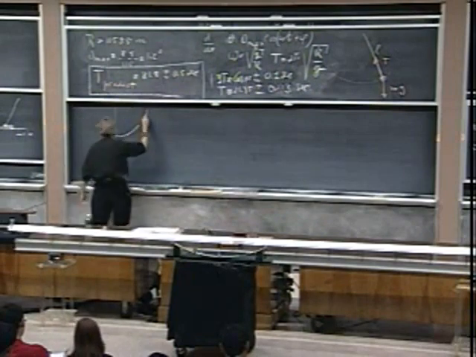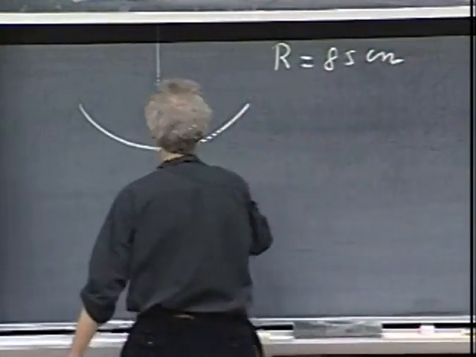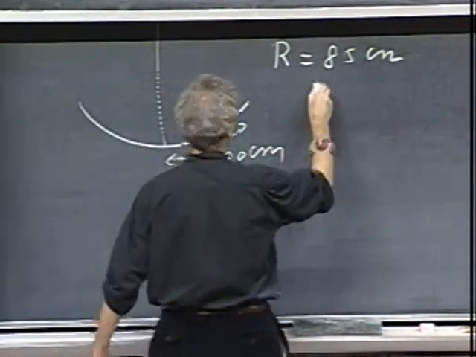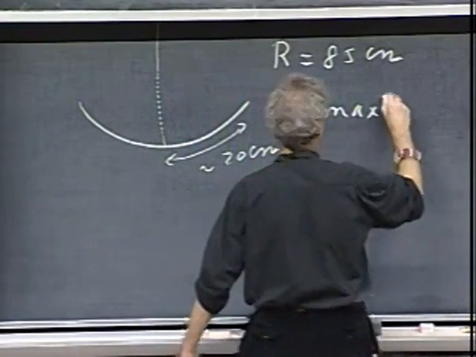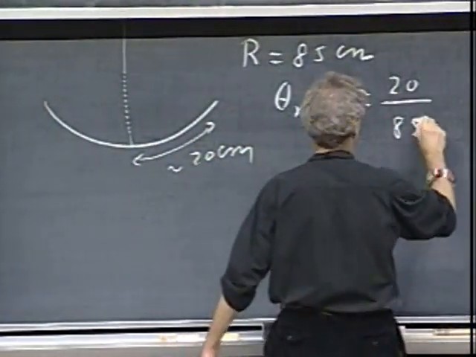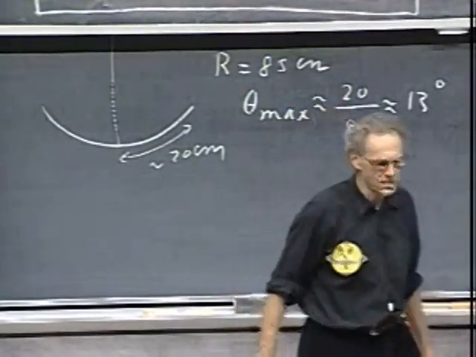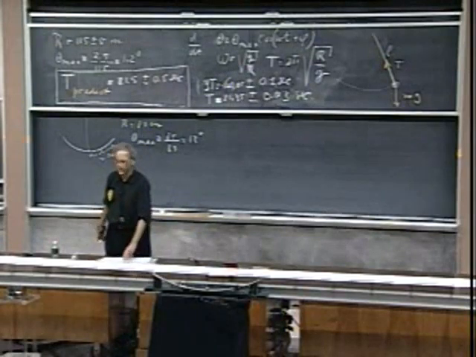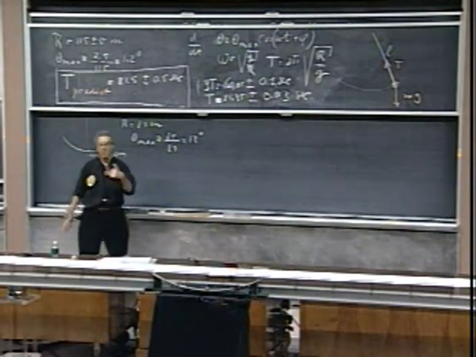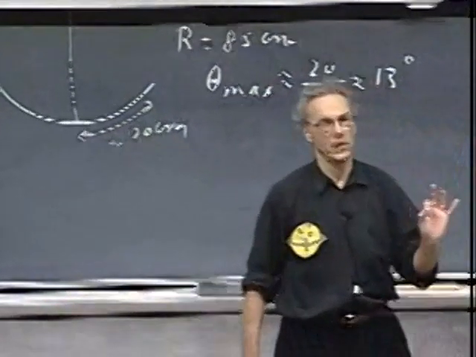R equals 85 centimeters, and this here is approximately 20 centimeters, so theta maximum is roughly 20 divided by 85, and that is something like 13 degrees. 13 degrees is not a bad situation, because the difference between cosine theta and 1 minus theta squared over 2 is less than 0.01%.